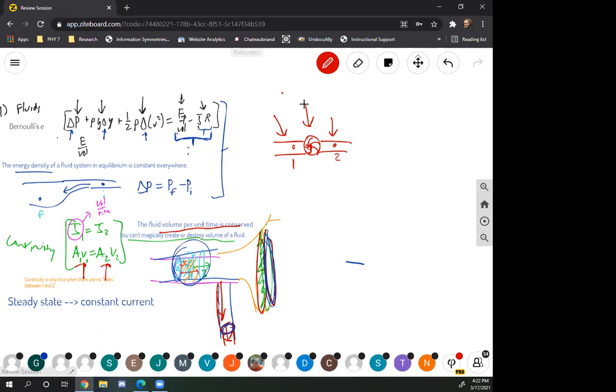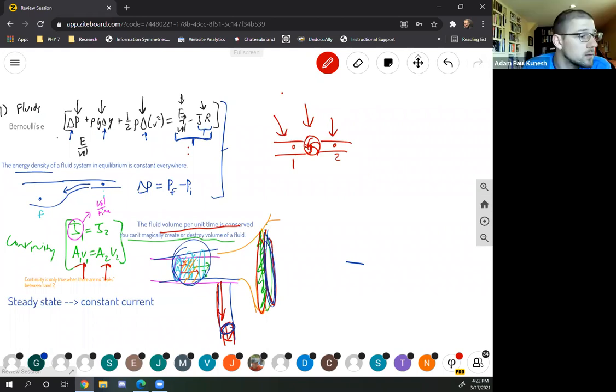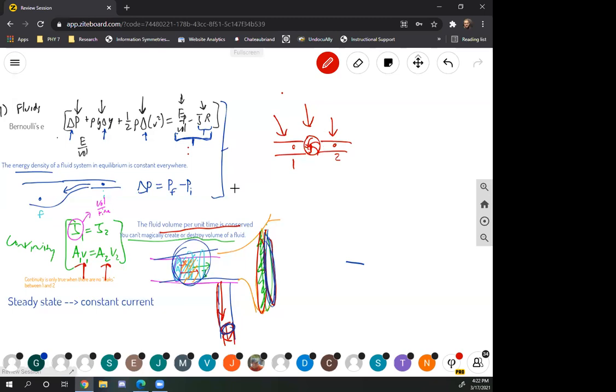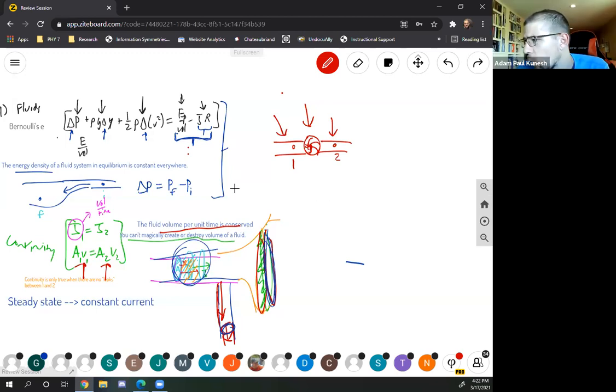Okay, so adding the pump, the current would still be the same at 1 and 2. Would something like the pressure increase at 2? That's right. What a pump typically does is increase your pressure. That's the most direct thing it does. Between point 1 and 2, if I were to apply my Bernoulli equation, there's a pump in the way, so that term stays.